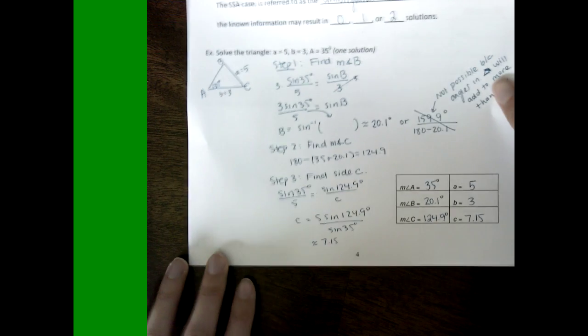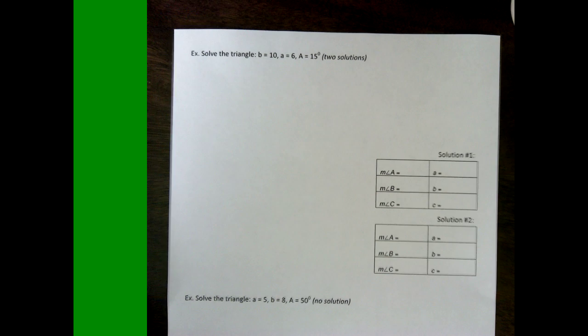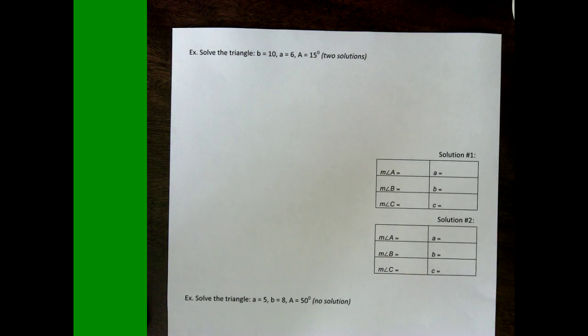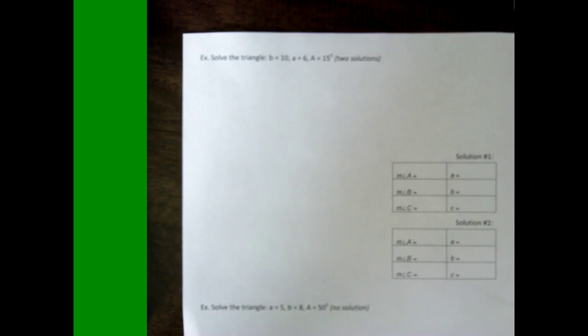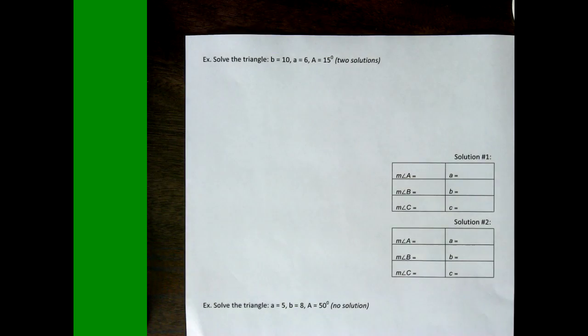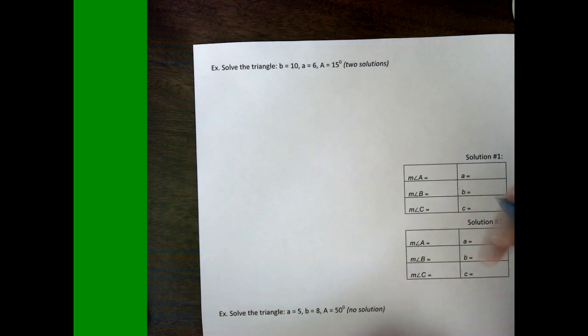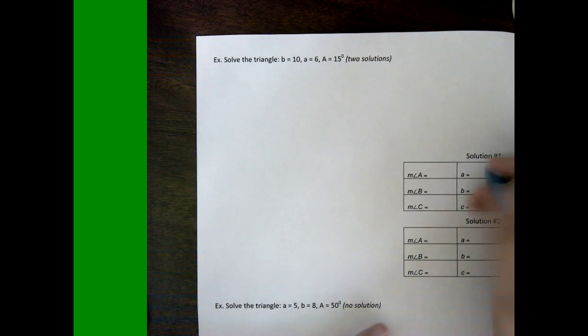So we're going to move on to another example, and this is an example that will result in two solutions, so two possible triangles. In general, I am not going to tell you when there's 1, 2, or no solutions. That's just written for the sake of the notes. So you have to figure out which one it is. I am going to skip the drawing this time since we already know which case we're in.